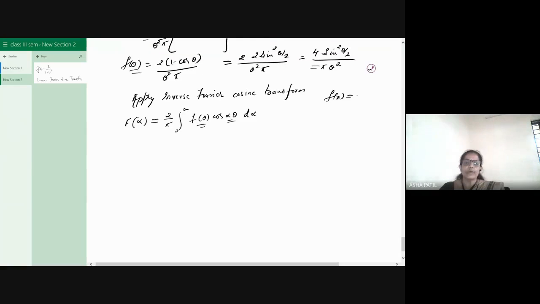Now let us put the value of f of theta here. It is 4 sin square theta by 2 divided by pi theta square into cos alpha theta d alpha. Now, can you tell me what you have to do? This term should vanish.